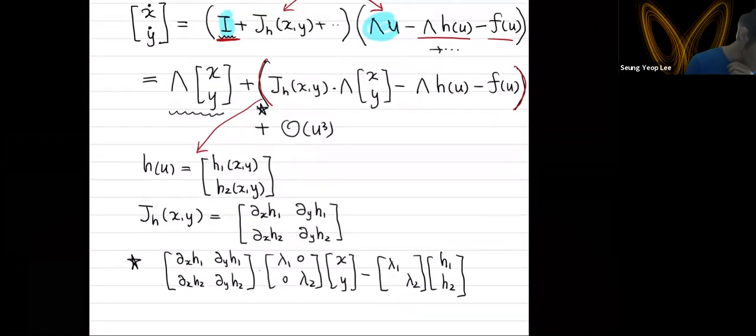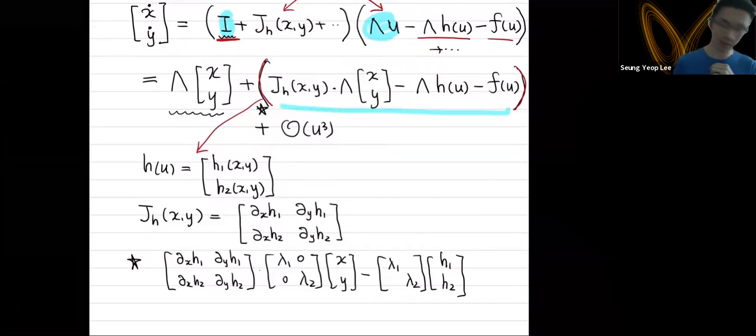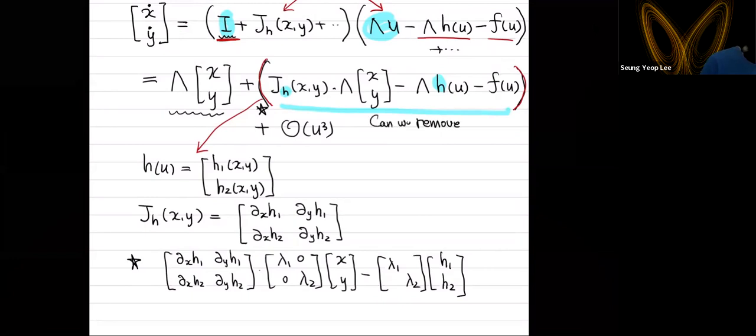So what we mean is, we want to make it 0 as much as possible by choosing our h. H is the change of variables. So by choosing h, can we make this term 0? Can we remove it by choosing the function h, choosing the change of variable?